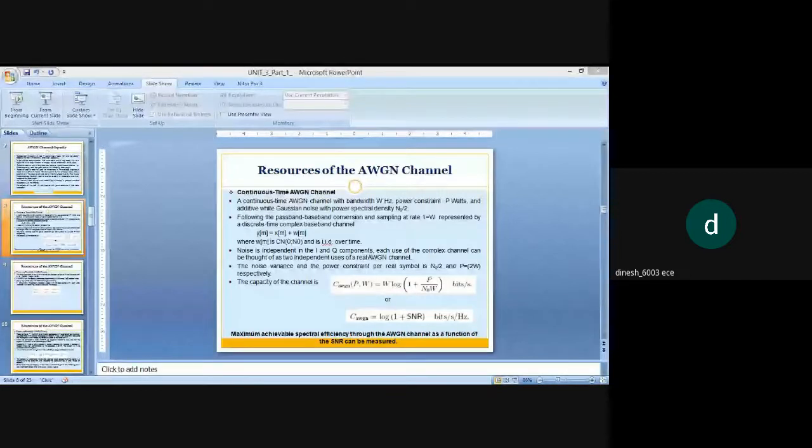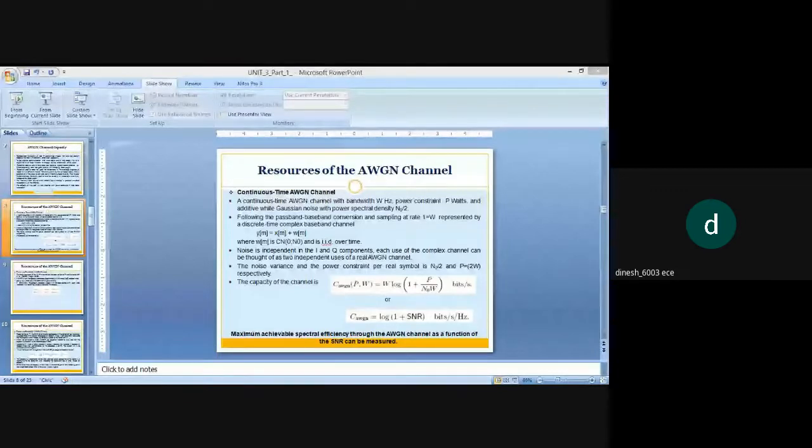Next, we are going to calculate the power and bandwidth manipulation of an additive white Gaussian noise channel. The basic resources for the additive white Gaussian noise channel are the received power and the bandwidth, with capacity given by log of 1 plus SNR. If this SNR value is high, the capacity increases logarithmically with P. If it is low, it increases linearly with P. In the sense, if the capacity increases logarithmically with P, every 3 decibel increase in the power yields only one additional bit per dimension.